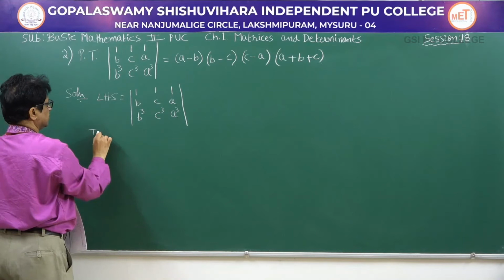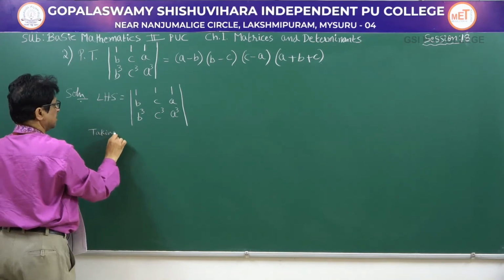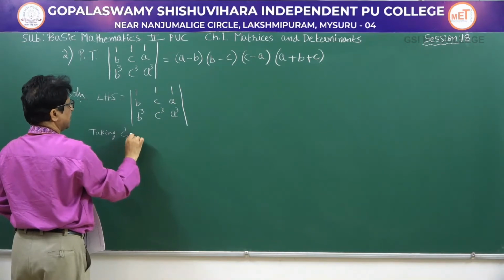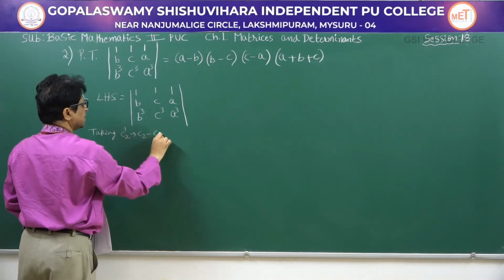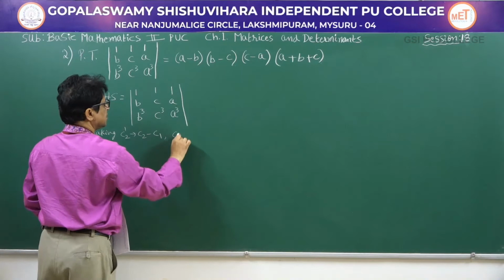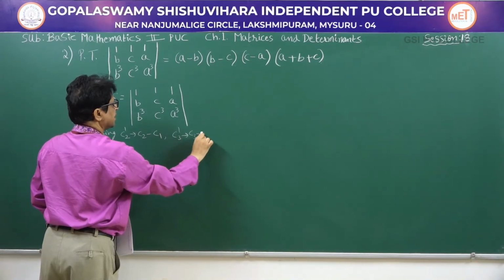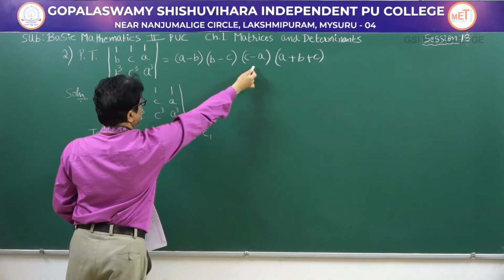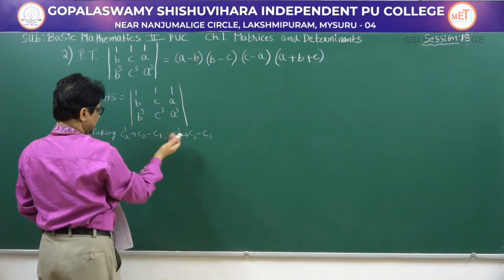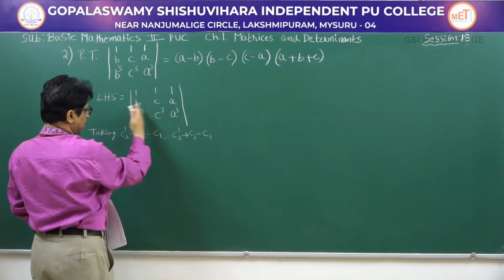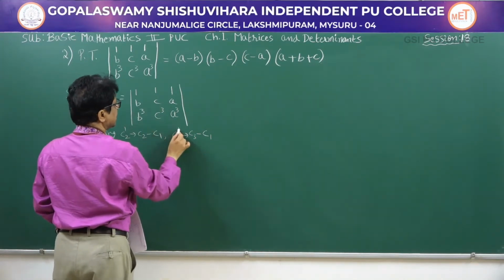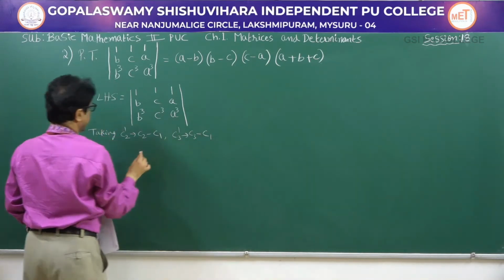So taking C2 dash as C2 minus C1, C3 dash as C3 minus C1, because the answer should be A minus B, B minus C, C minus A into A plus B plus C. Therefore, we are taking column wise, that is C2 dash is C2 minus C1 and C3 dash is C3 minus C1.